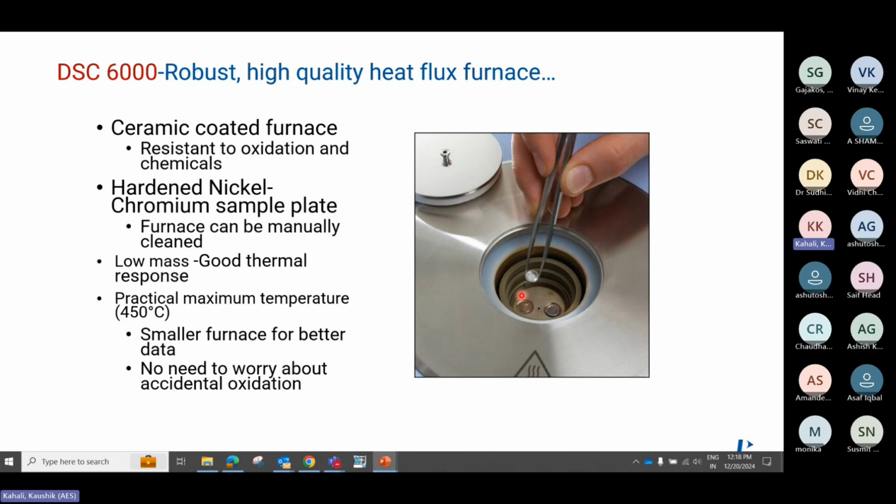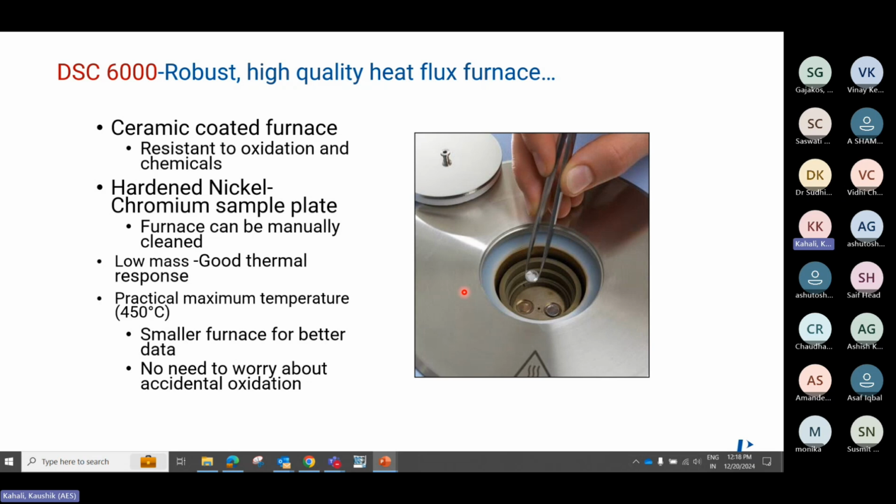The sample plates are made of hardened nickel chromium, which is also very durable and corrosion resistant, and will last long, and will not be affected by any small spillage from the sample. The furnace you can also clean manually. The service team can guide you or show you the procedure for how you can clean the furnace from the user end, and you can maintain the system very well for long usage.